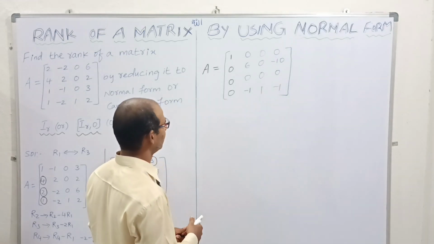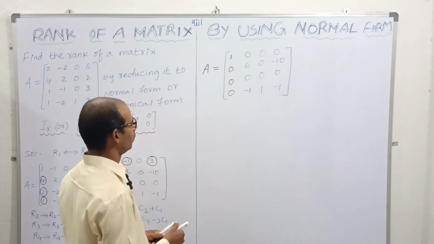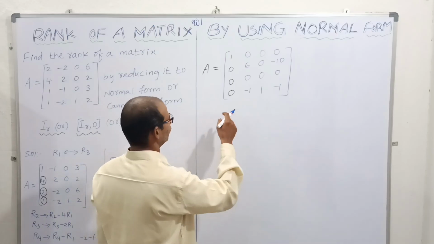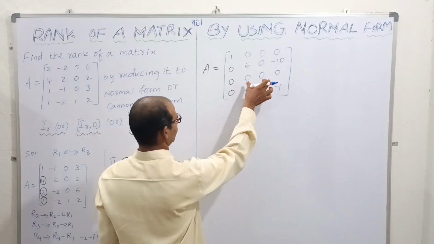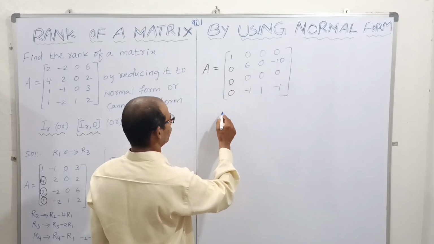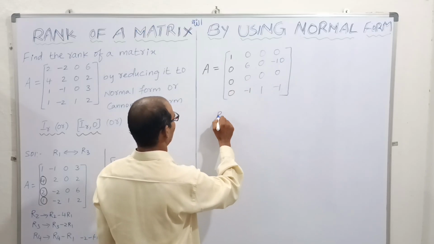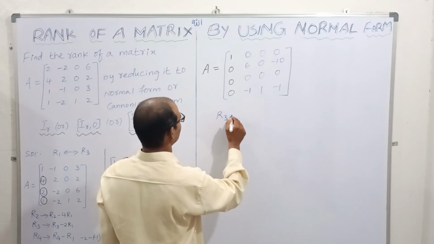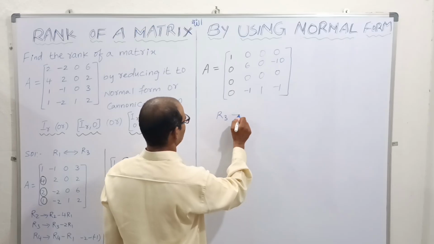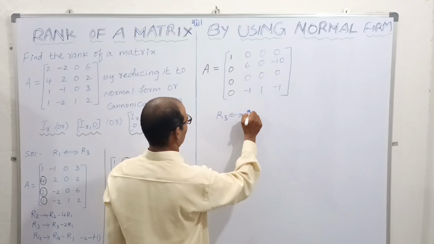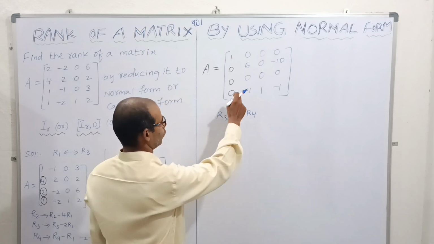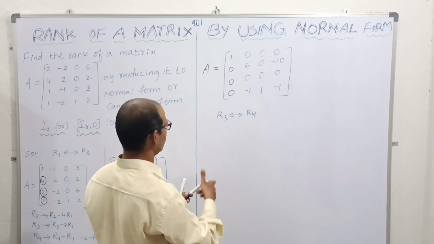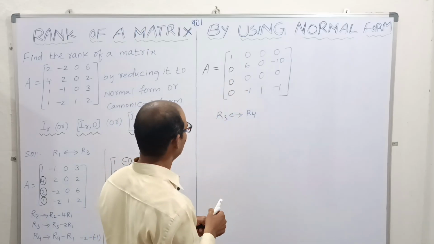Now what we will do is we'll move this 0 row below. So therefore R3 is interchanged with the R4. So we'll move 0 rows, we'll bring it to the row 4 and third row will move it up. So therefore what happens now?